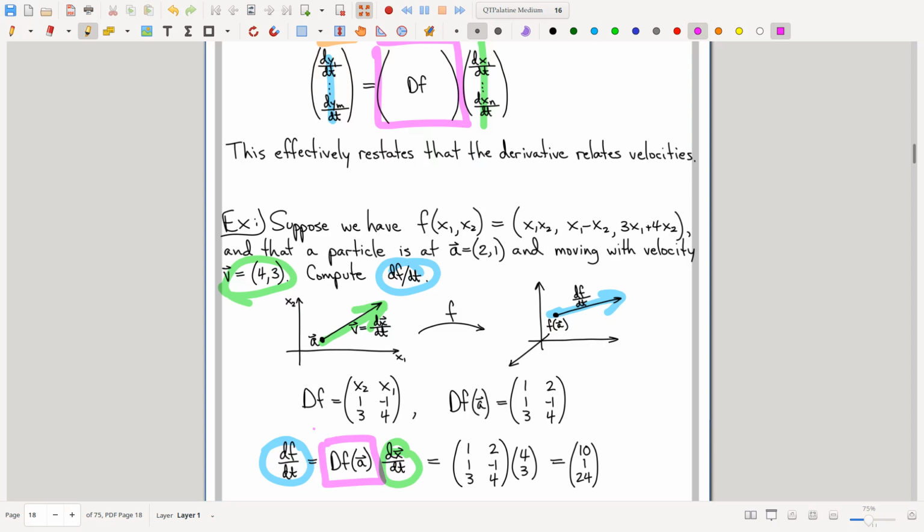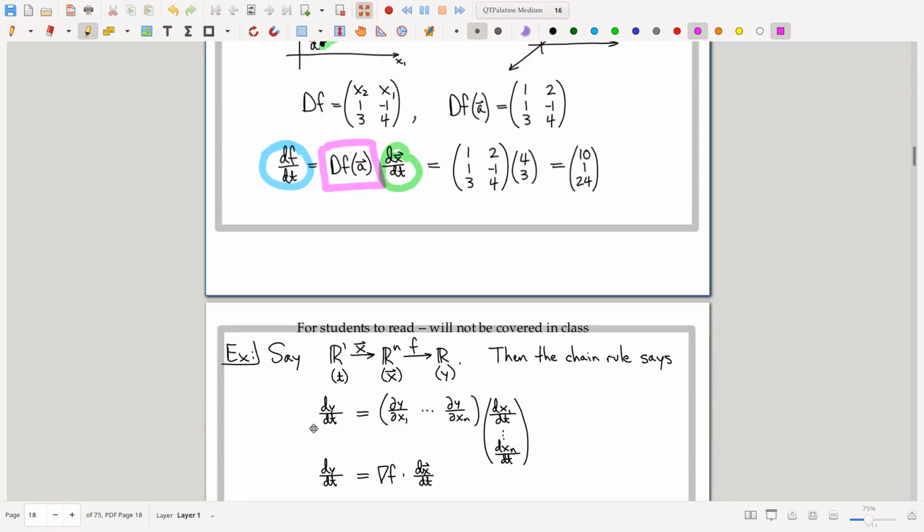We multiply by the derivative matrix. So this is just straight up doing what we already knew how to do. And this example literally could have been an example in section 2.3. I've actually entertained lifting this example and taking it back into section 2.3, but pros and cons. Okay, so just an observation.